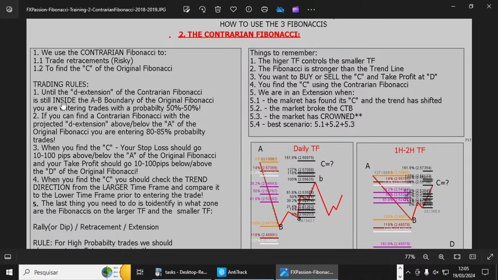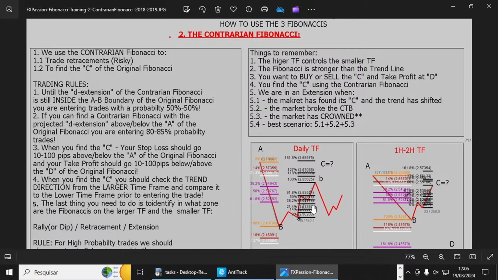Trading rules: until the sub-D extension of the Contrarian Fibonacci is still inside the AB boundary of the original Fibonacci, you are entering trades with a 50-50 probability. Seeing the picture, you have the capital A, capital B, capital C, and then the smaller letters.